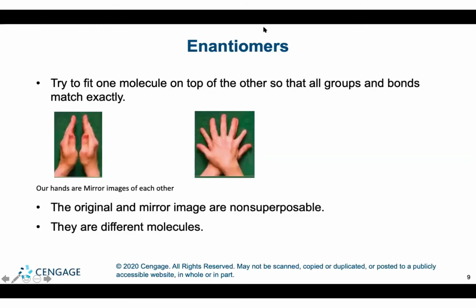Let's talk about enantiomers. Look at the picture on the left side. If you put your hands in front of each other and mirror your hands, you see that your hands are mirror images of each other, right? But if you put one of your hands on top of your other hand, you see that they are not fitting on each other, like the right picture.